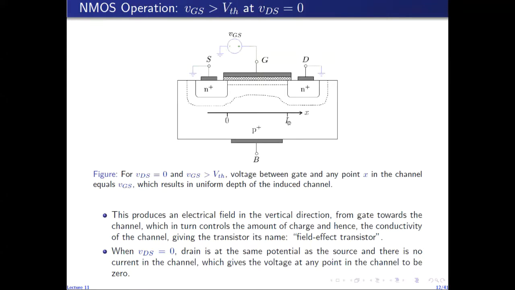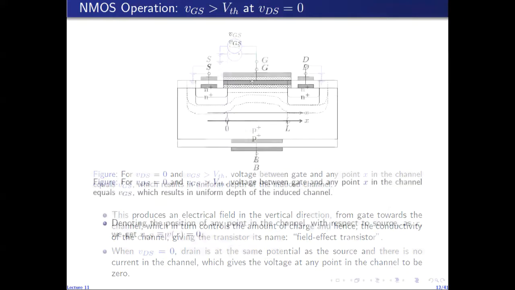And when x is equal to L, we are referring to the end of the channel at the drain region, assuming the length of the channel is given by capital L. So when there is no voltage between drain and source, VDS is 0. There is no current through the channel, and the voltage at every point in the channel with respect to the source is 0.